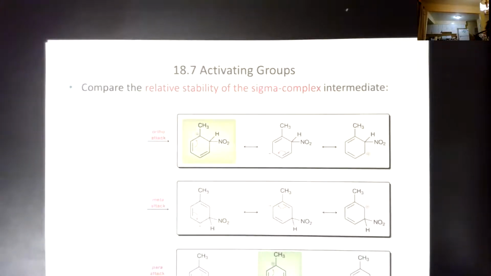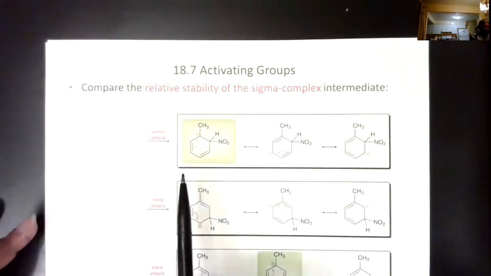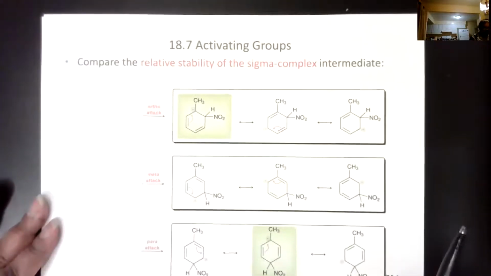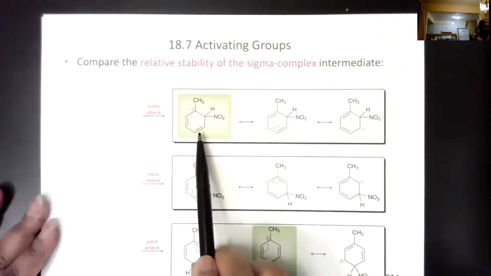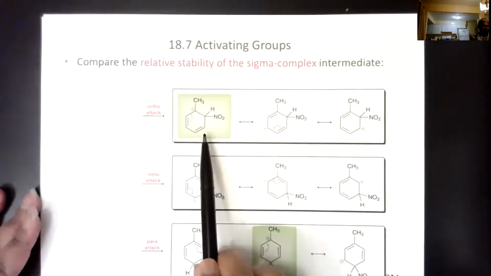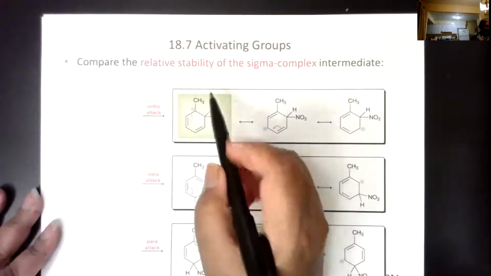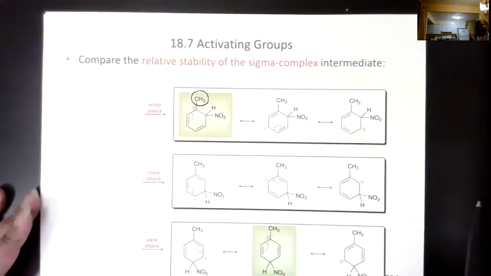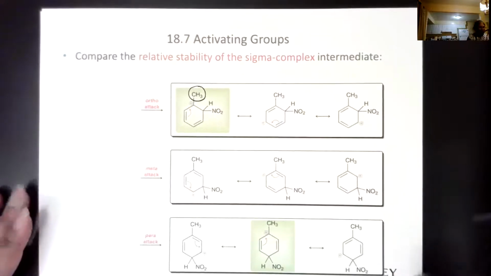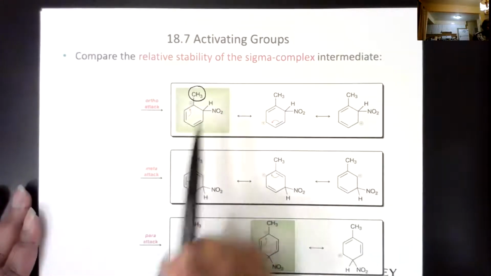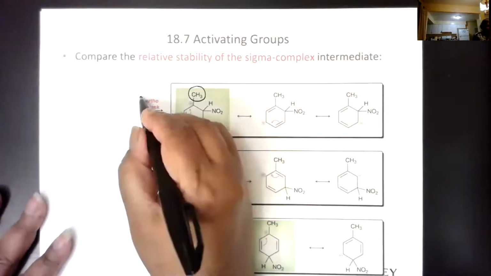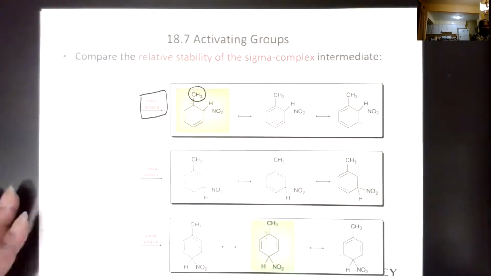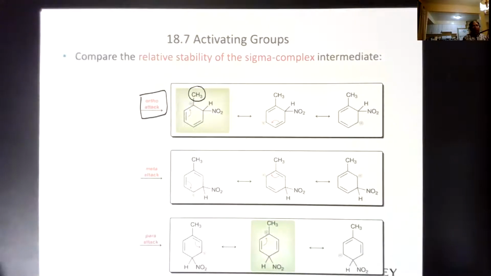And here I'm not going to go through this because this was already done in detail. So when you draw the product of the reaction where you have the CH3 group present initially and your NO2 group is going to come and attack the ortho position. Okay, so what happens when the nitro group goes to the ortho position?